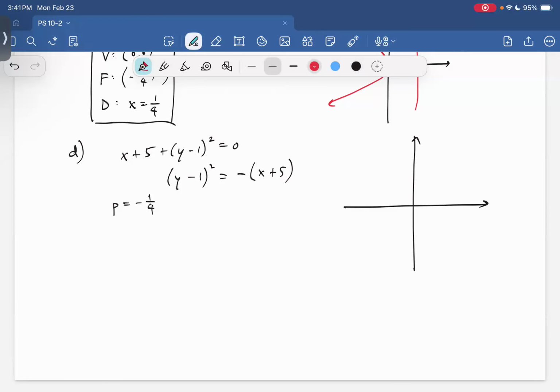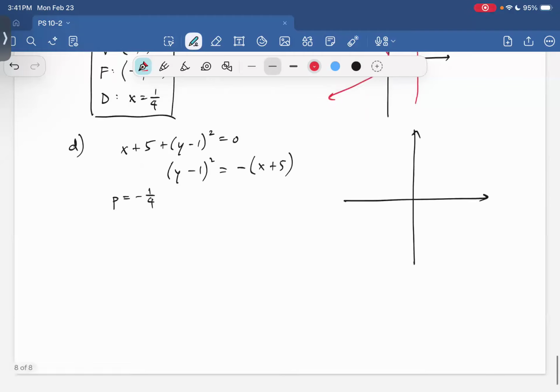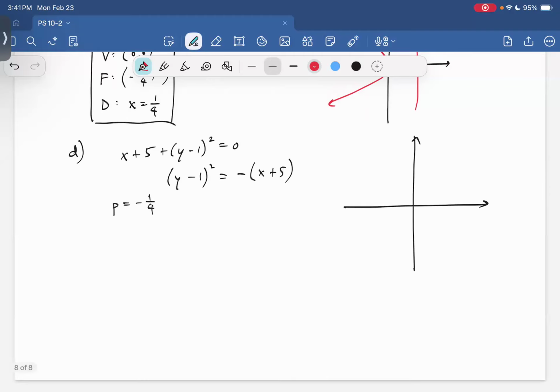So this is a horizontal parabola facing left again. But now the vertex is at, sorry, let me write out the vertex. The vertex is going to be negative 5 comma 1. Negative 5, because that's x minus negative 5. And here we have y minus 1. So negative 5 comma 1 is right here.